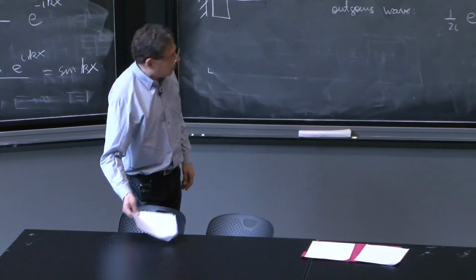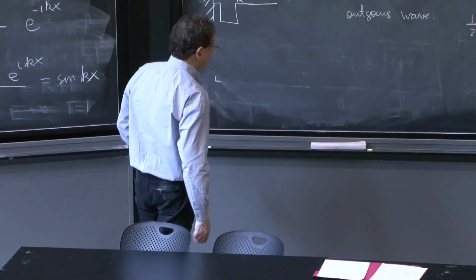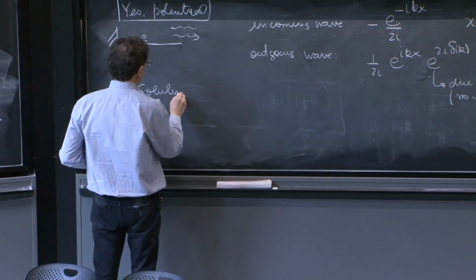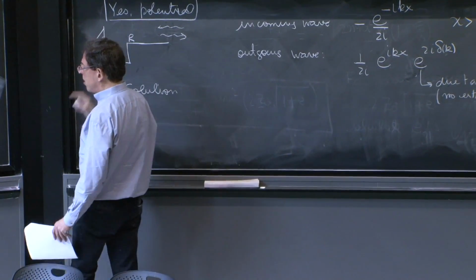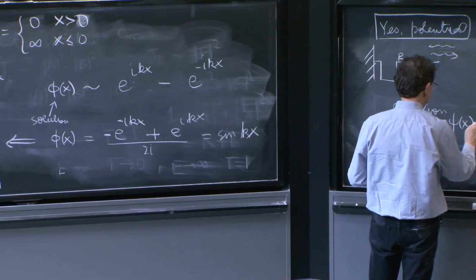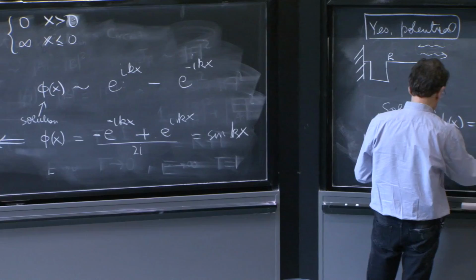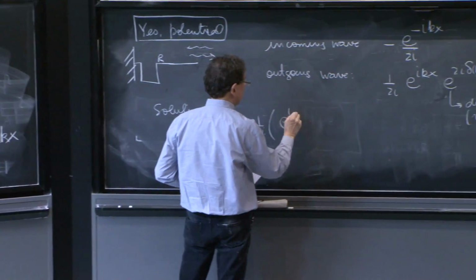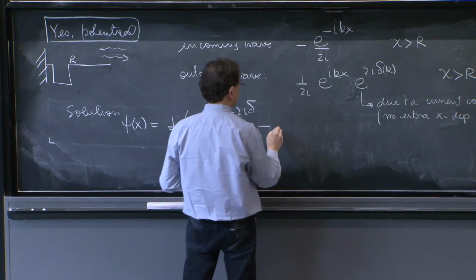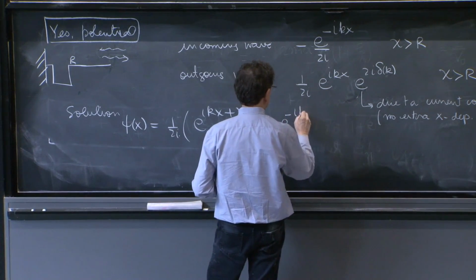So let's write the solution. We have this. So the total solution, we call the solution with no potential phi. This one we'll call psi of x. It will be 1 over 2i, the first term, e to the i kx plus 2i delta, minus e to the minus ikx.